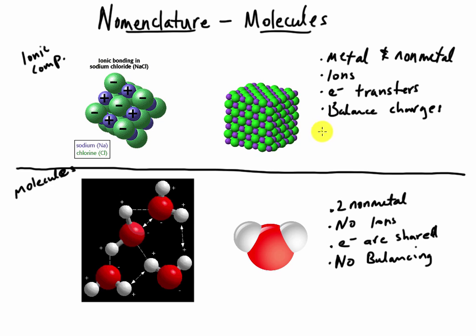Here we reduce to lowest terms, because the charges are reduced to lowest terms, just like you do with fractions. And over here we do not reduce, so we keep them as they are.